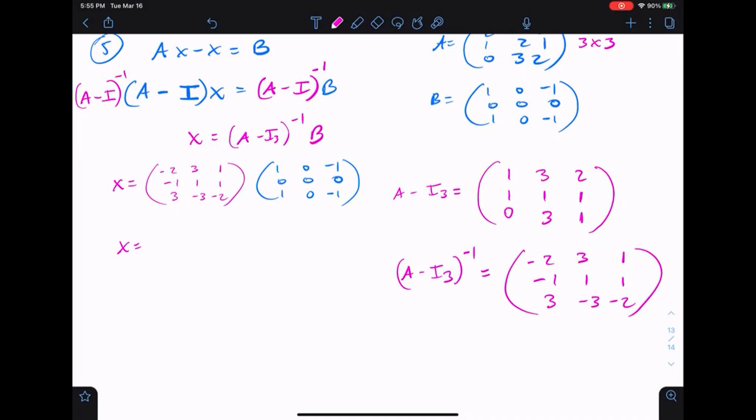Then I do times the second matrix B, and I should get my answer: negative 1, 0, 1, 0, 0, 0, 1, 0, negative 1. So that's the answer for this problem.